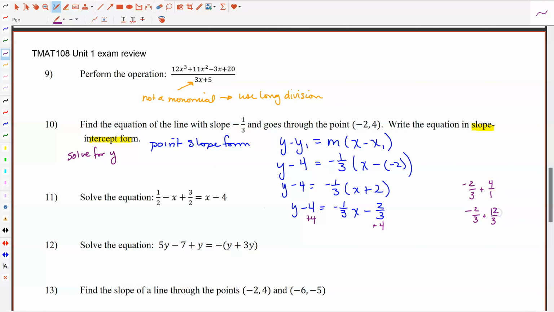Old numerator times 3 gives me 12 for my new numerator. Now that I have common denominators, we can add our numerators together. So negative 2 plus 12 is 10, and then the common denominator drags through. So then this will end up giving me y is equal to negative 1/3 x plus 10/3.